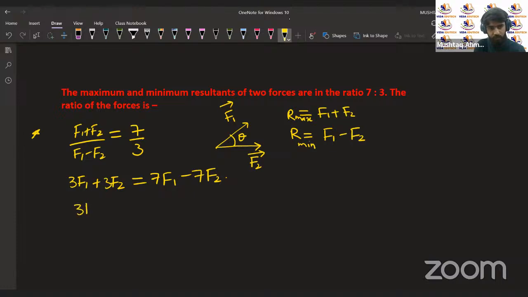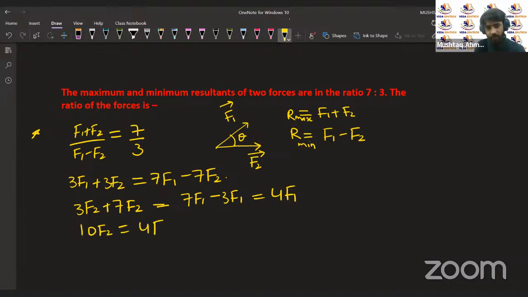So we get 3F2 plus 7F2, taking F1 to the RHS, 7 times F1 minus 3 times F1. So it's 4 times F1. So here we get 10 times F2 equal to 4 times F1.